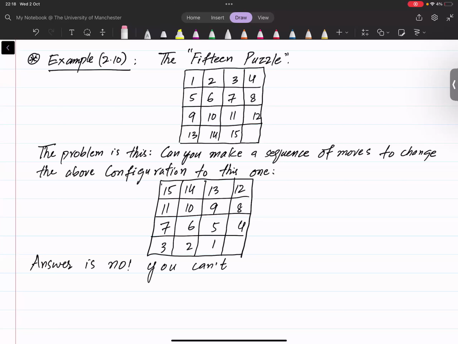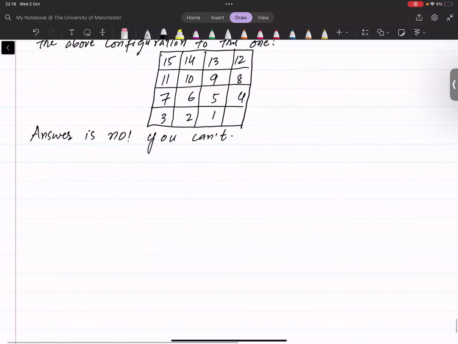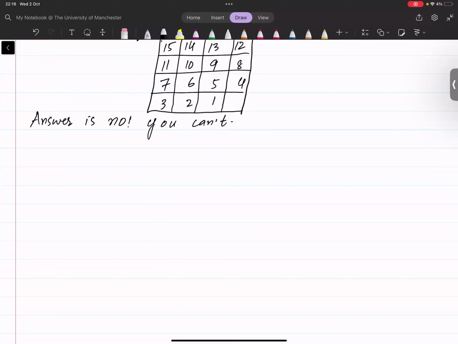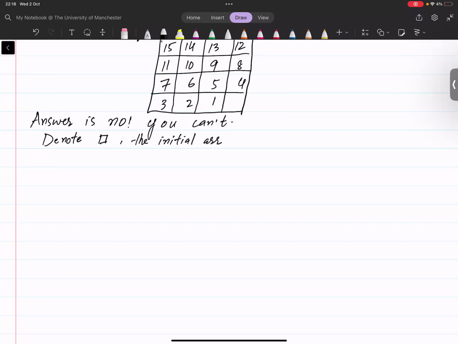Here is how to prove this. Denote this box as the empty box, so that the initial arrangement is 1, 2, 3, 4, 5, 6, 7, 8, 9, 10, 11, 12, 13, 14, 15, and then an empty box.